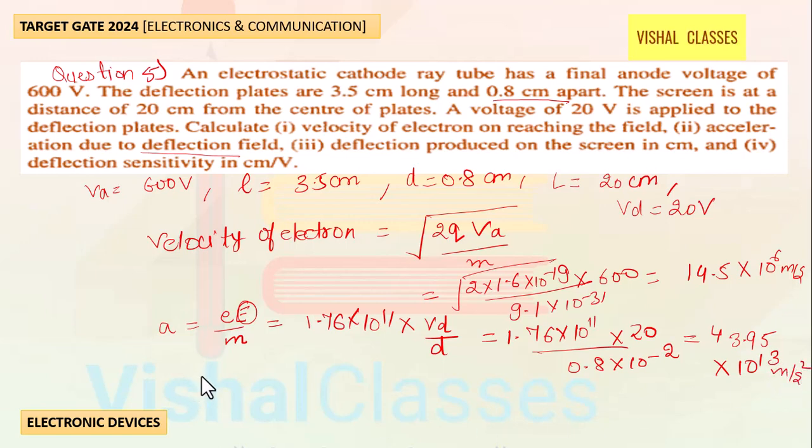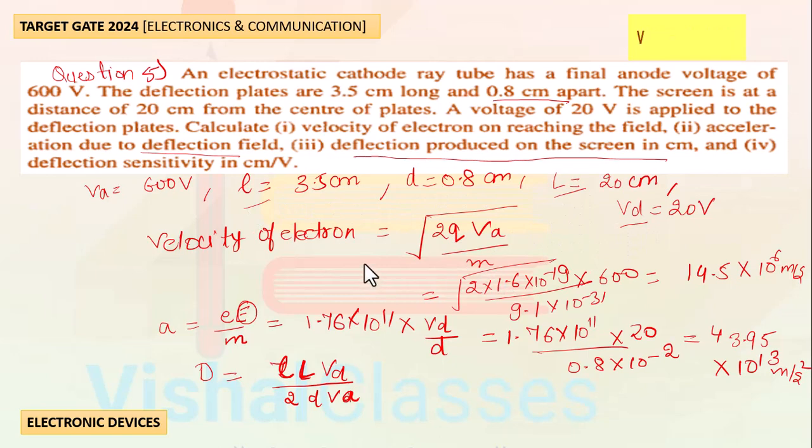Okay, next it is asking about deflection produced on screen. Deflection formula we have already written: l into L into V_D upon 2 d V_A. All values are given: small l is given, capital L is given, V_D is given, d is given, V_A is given.